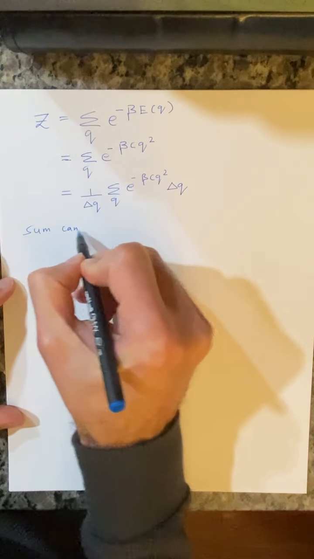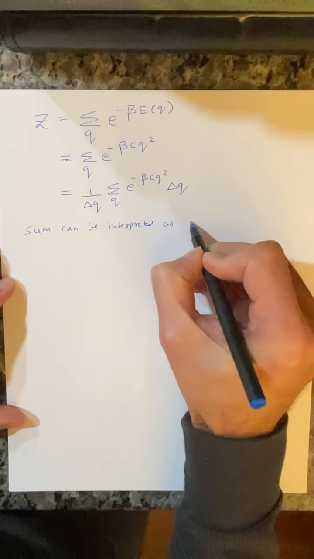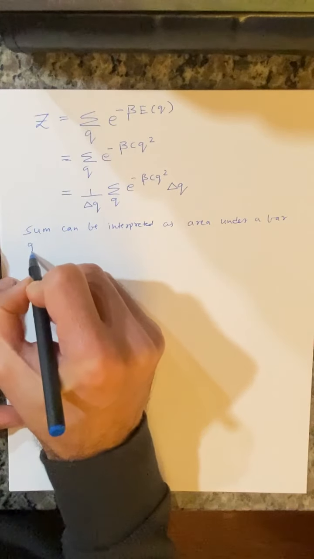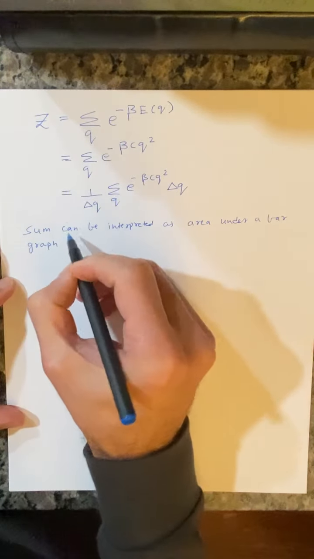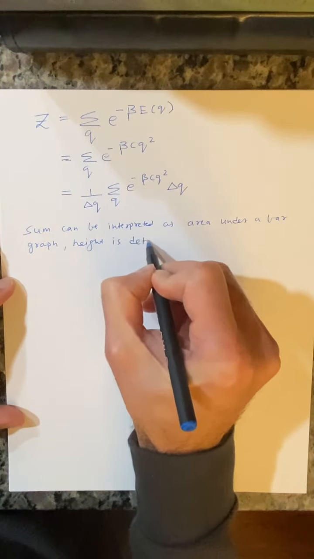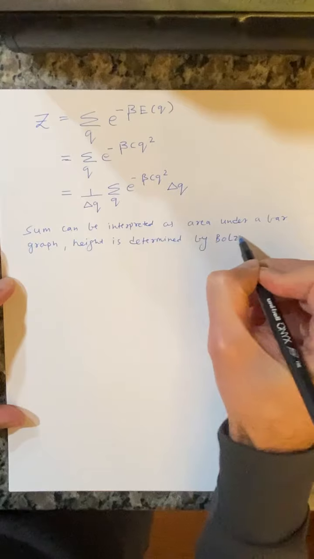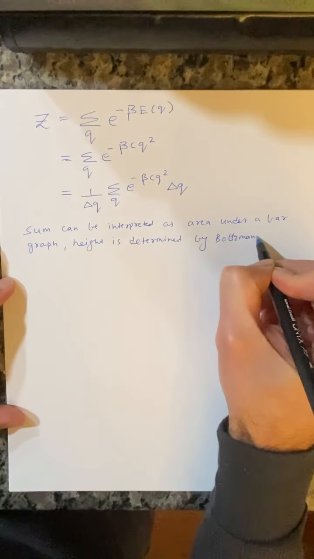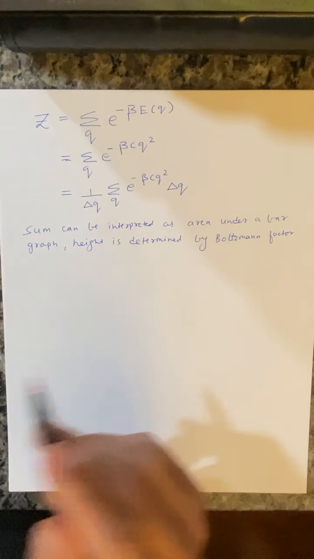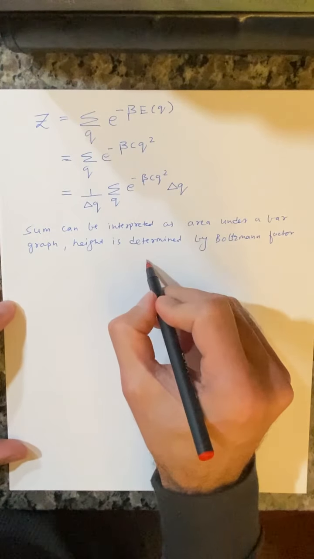The sum can be interpreted as the area under a bar graph whose height is going to be determined by the Boltzmann factor. If I draw this figure quickly here, what are you looking at? You're looking at a graph like this.